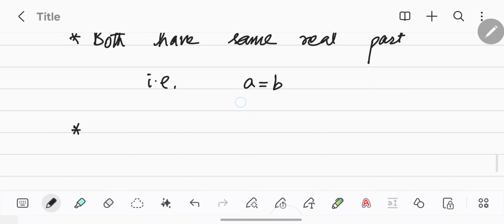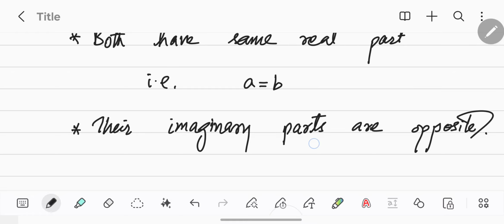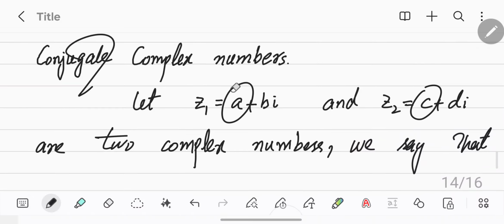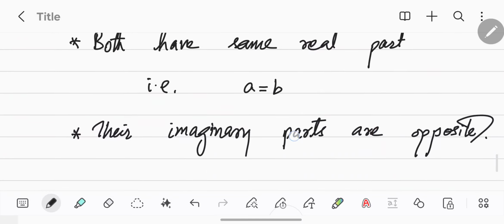And the second condition is their imaginary parts are opposite. What does that mean? z1 has imaginary part b, z2 has imaginary part d. They must be opposite.